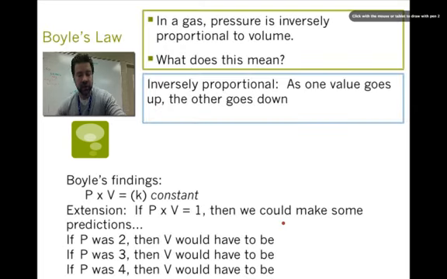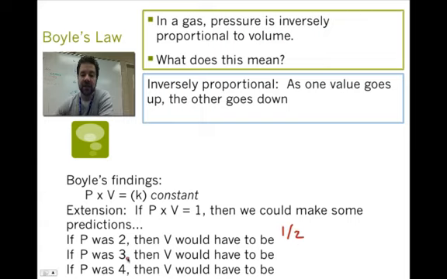So we'll go ahead and jot these in as we go here. So this would have to be 1/2. And if P was 3, then V would have to be, so what I want you to think, if P is 3 and we have to multiply by something to get 1, what do we multiply times 3 to get 1? And the answer would be 1/3.